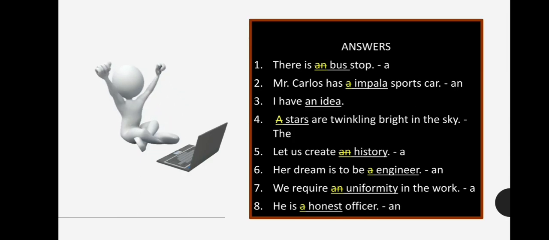The seventh one, an uniformity, even if it is U, that stands from vowels A, E, I, O, U, but still when we pronounce it, it is yoo, uniformity, and that is why it is going to be a uniformity. And the last one was, he is a honest officer. Now when we talk about this word honest, even though it is H, we pronounce it as O, honest, and hence it is going to be an honest.